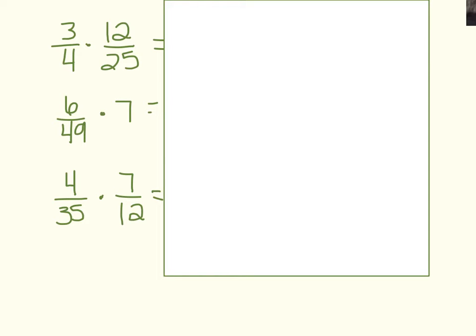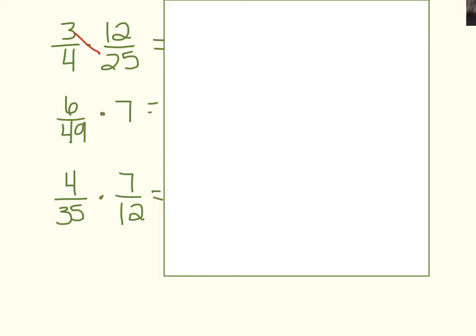So when we cross-cancel, what we're trying to do is look to see if the numerator of one fraction can divide the denominator of the other, and vice versa, if the denominator of one can divide the numerator of the other. And in the first problem, we start with 3/4. I'm going to look at the 3 as the numerator and see across the problem, can 3 divide 25?